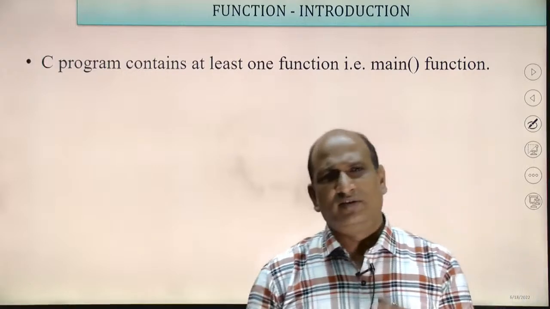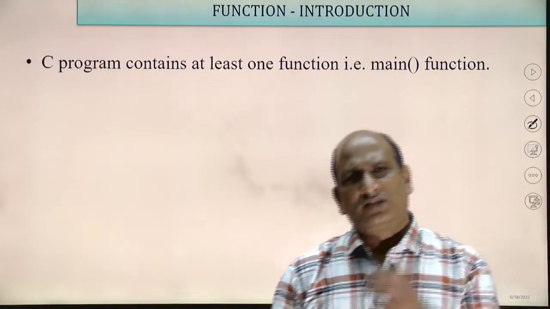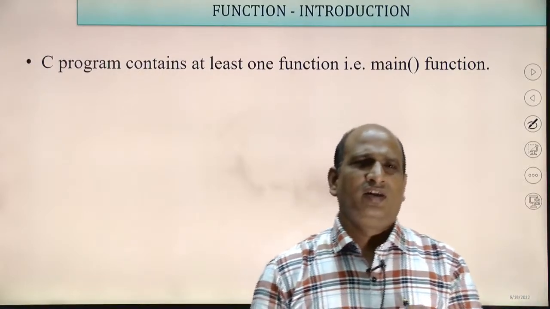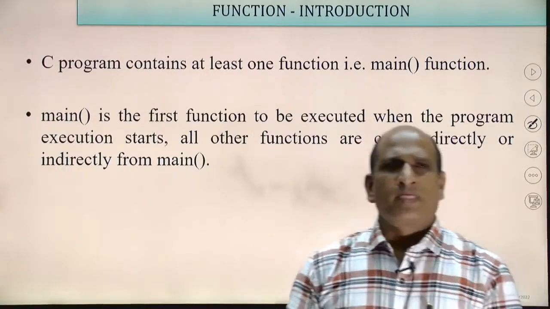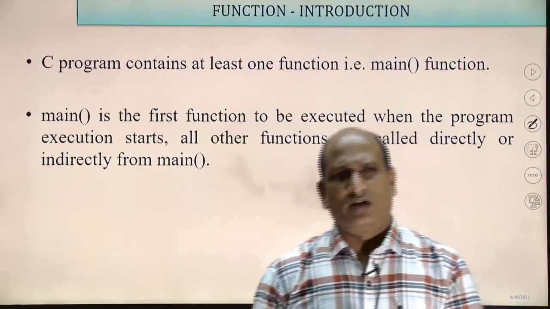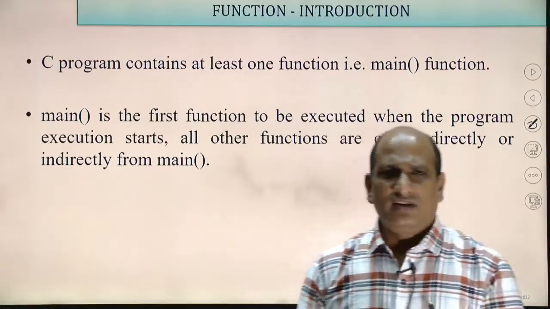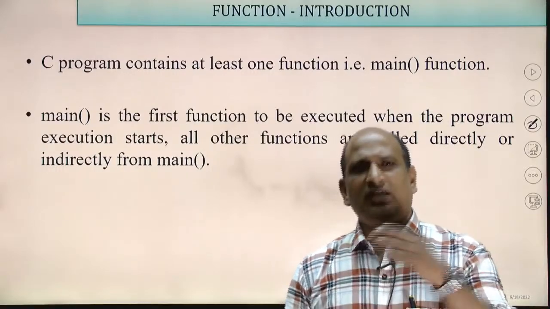Always a C program starts its execution from the main function. Means to execute a C program we require a main function. Main function is the first function to be executed whenever the C program starts. All other functions are called directly or indirectly within this main function.